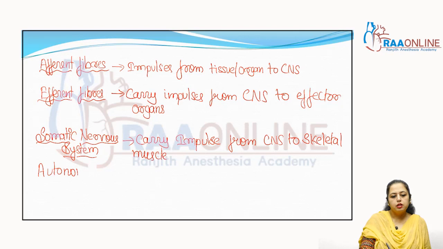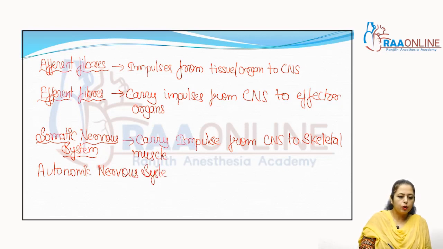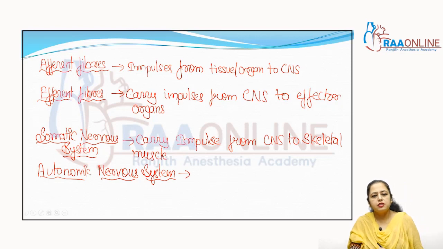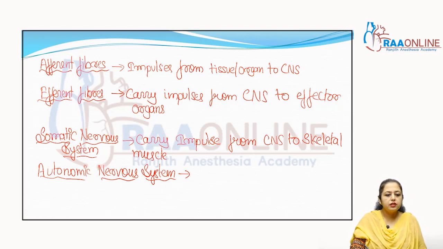And when we talk about the autonomic nervous system, then what will happen? Autonomic, that is autonomous. Autonomous means self-governed, right? That system is not under the control of our thought process or our thinking.